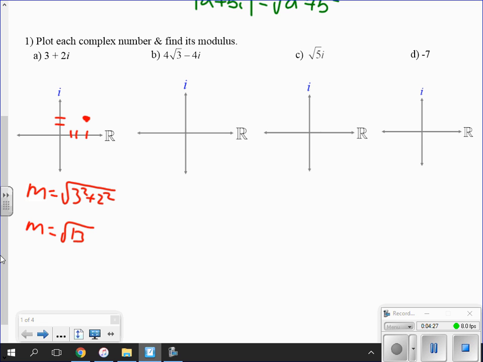So, do B. The real portion is 4 root 3. Yeah, 4 point something. You have a calculator, so figure out what 4 root 3 is. That will give you a fair estimate of approximately where you ought to put it.